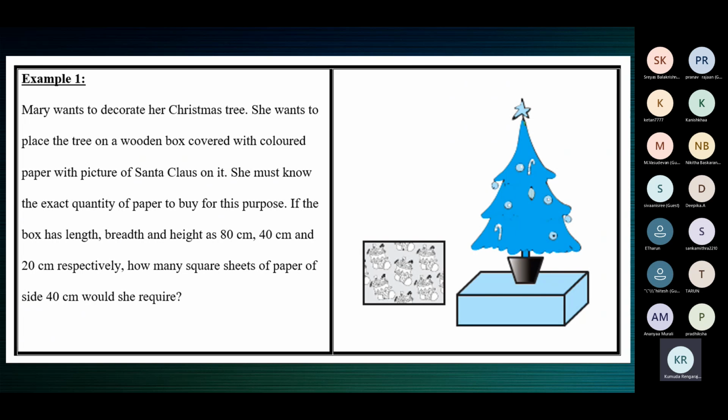The box has to be wrapped up with the square sheets of paper. That means it's going to go over the six surfaces of the cuboid, and surface is surface area. The paper has to cover all the six external surfaces. So it is TSA, because you'll have to wrap up the box all over.